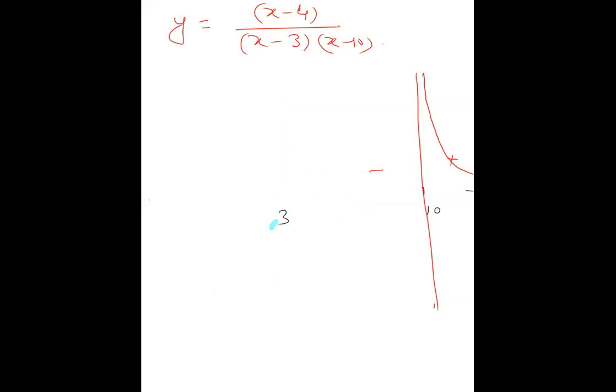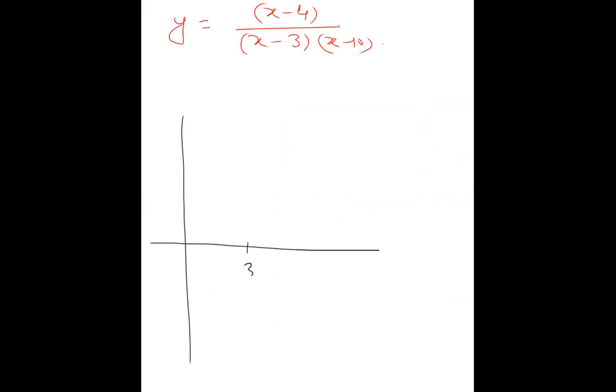See, first draw the axis. There is 3, 4, and this is 10. At 3 and 4, we have to draw the line parallel to the y-axis. Now we know that this is positive, negative, positive, negative.